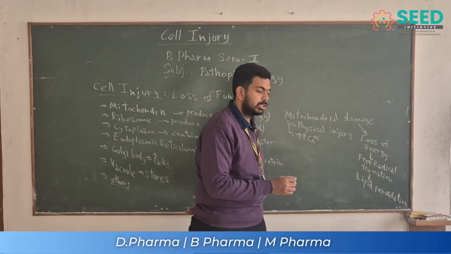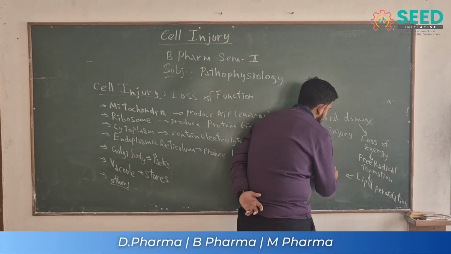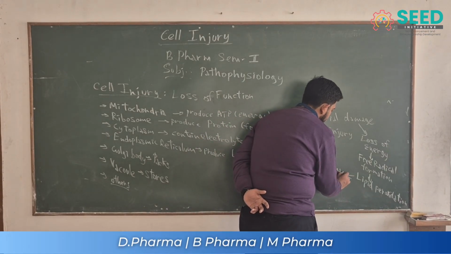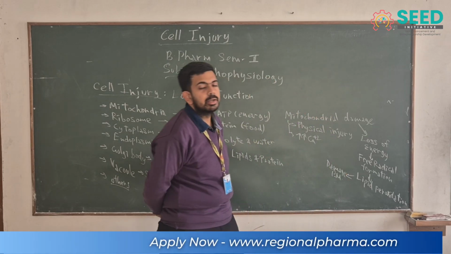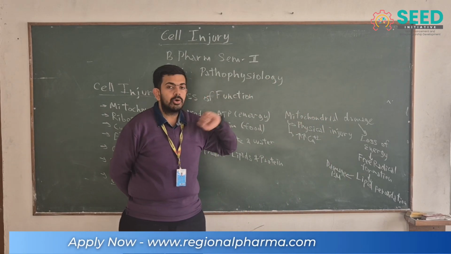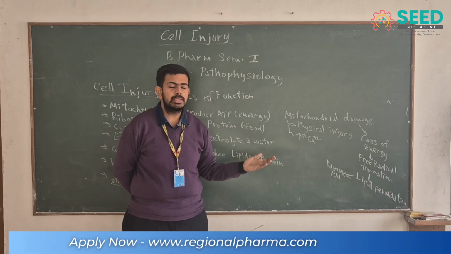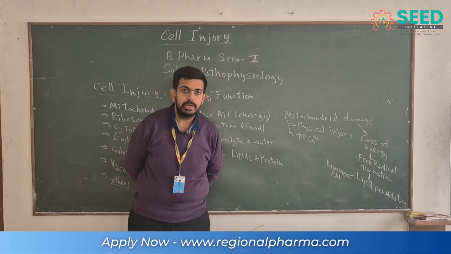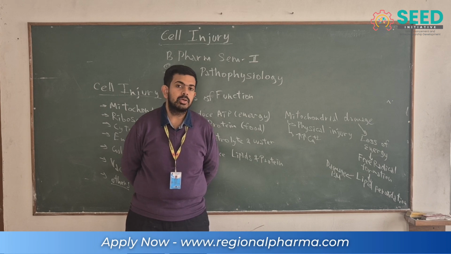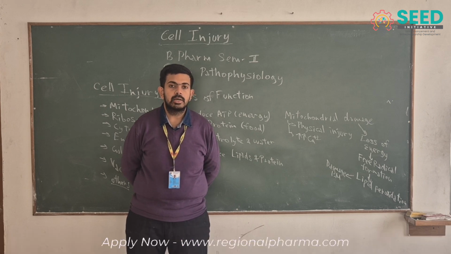This lipid peroxidation can damage the plasma membrane. So, if mitochondria is damaged due to any reason, it can lead to the damage of plasma membrane, and if the plasma membrane is not present, then there is nothing to protect the cell from any other etiology.